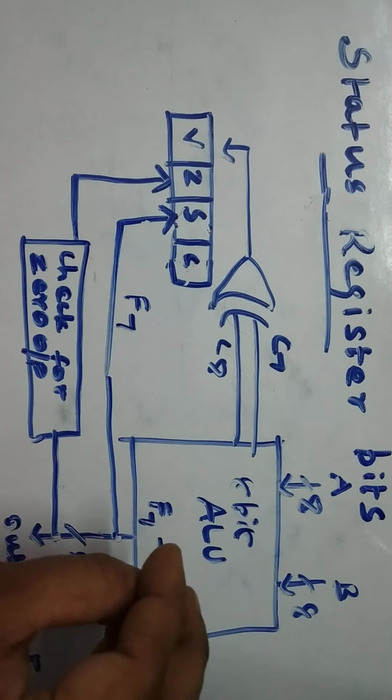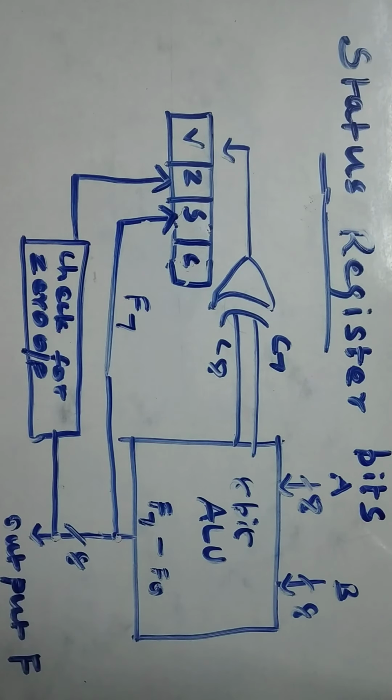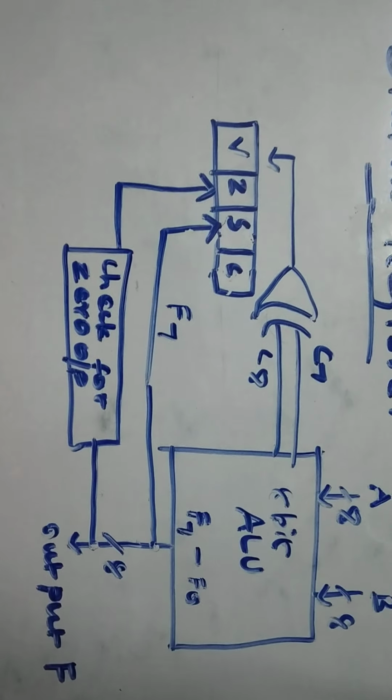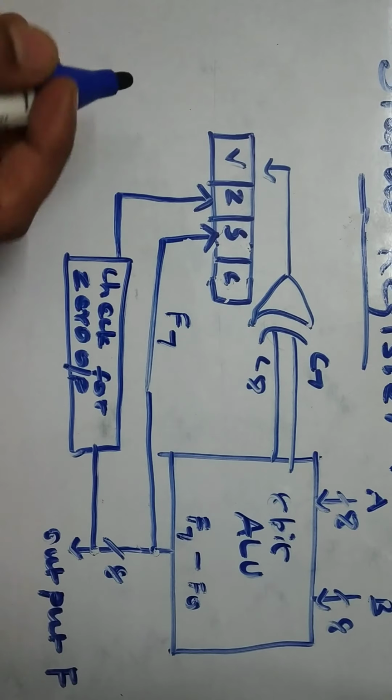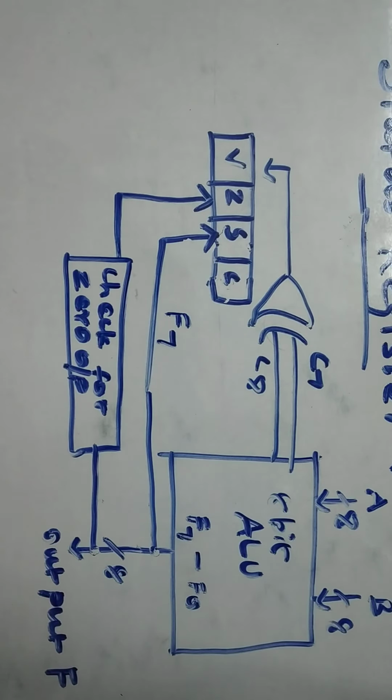So whatever operation you are doing, based upon the result you get, the status register bits will be updated. Let us see a numerical example so that you can easily understand how the values are updated. Here, if you take any two signed values, what are signed and unsigned values? Signed value means negative values, and unsigned value means positive values.